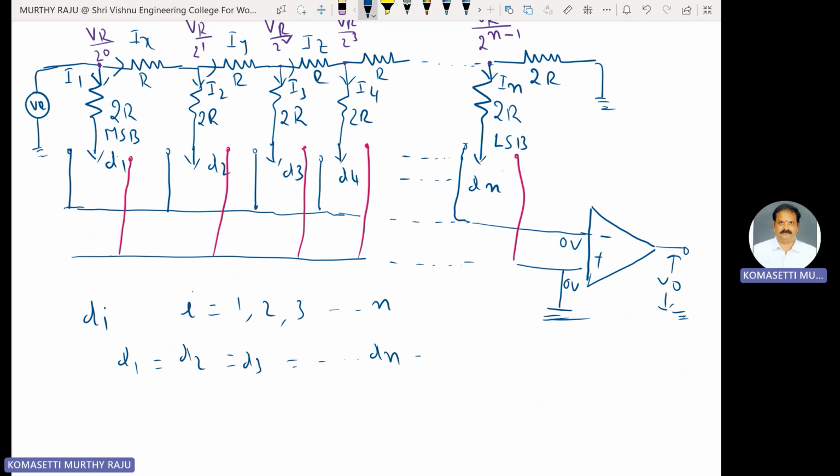Di, where i equals 1 to n, that means D1, D2, D3, up to Dn is at logic 0.